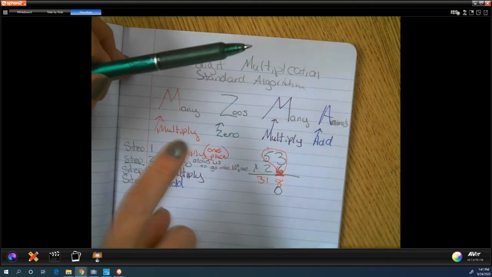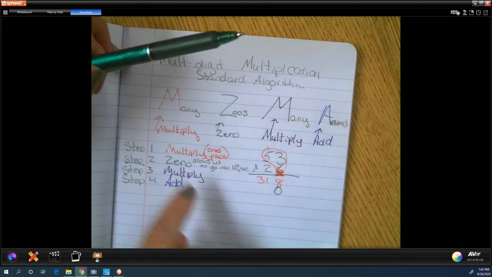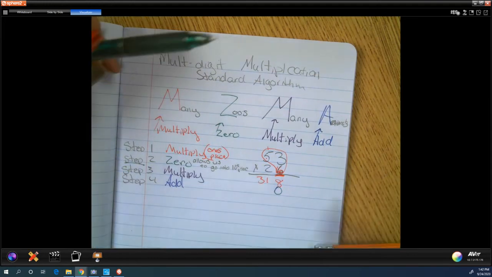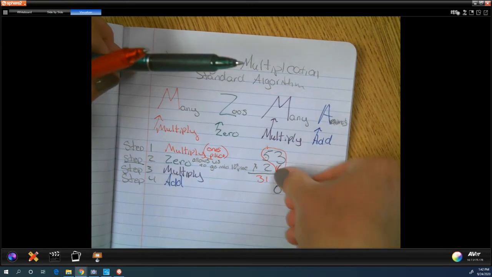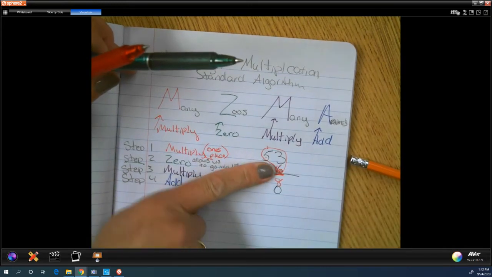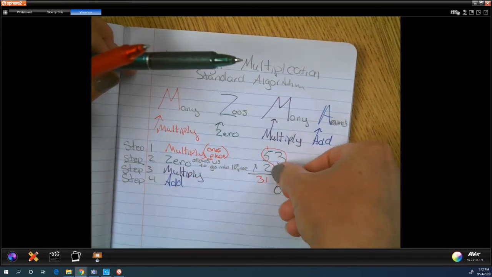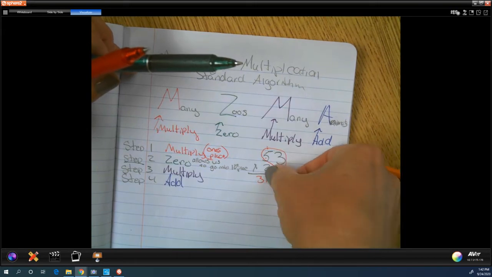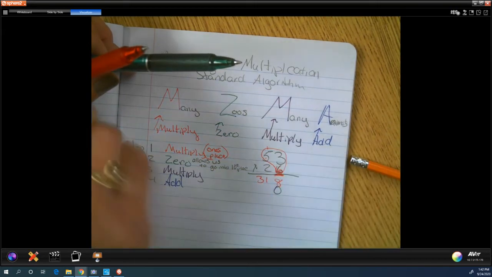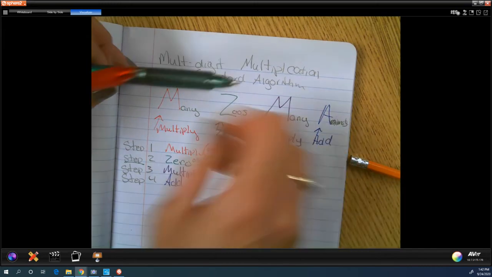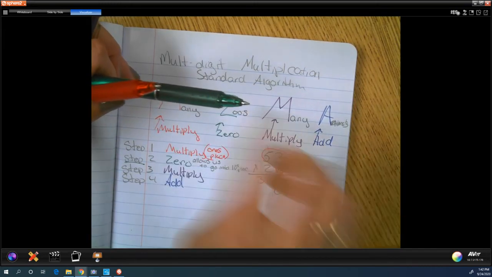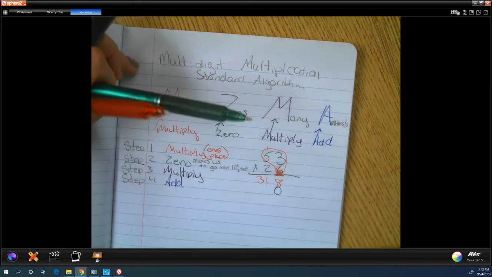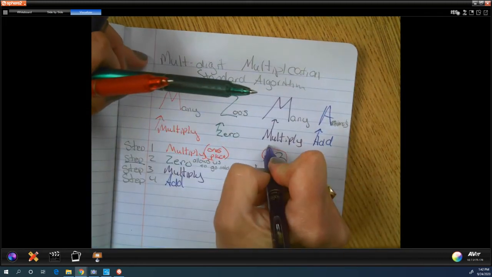We're now going to multiply with that 2. Only it's not in the ones place. It's technically 20, right? This was 6 times 3, but now I'm doing 20 times 3. Well, 20 times 3 is not 6. 20 times 3 is 60.